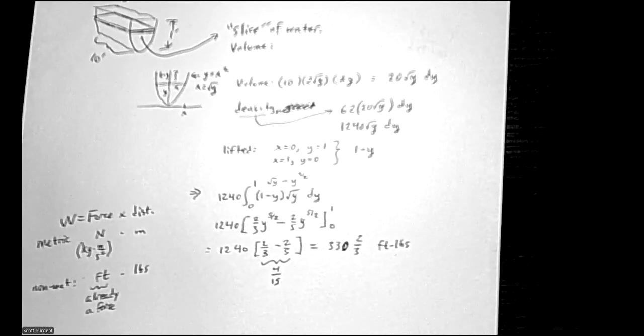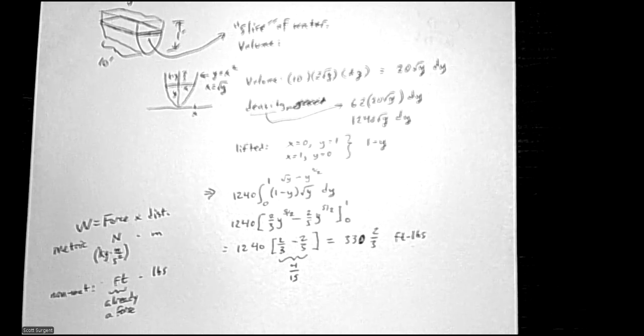Have you guys ever heard the word slug in the context of this in physics? I have not. No. A slug would be the non-metric equivalent of a mass quantity. Basically, to find how many slugs you are, you divide by 32. Using myself as an example, I'm roughly 200 pounds.